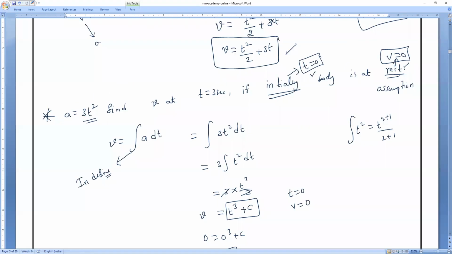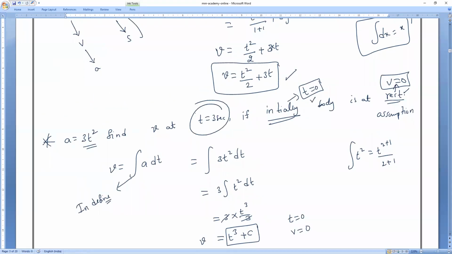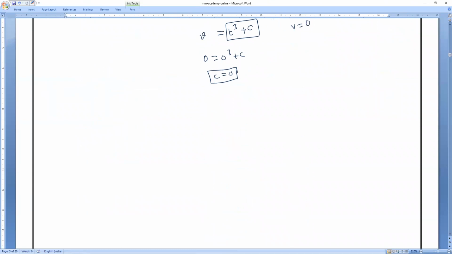Now you can find, they are asking: find the velocity after how many seconds? 3 seconds. So after 3 seconds, velocity is equal to what? V is equal to t cube, which is actually 3 into t square, which is equal to 3 into t power 2 plus 1 divided by 2 plus 1, which is 3 into t cube divided by 3.